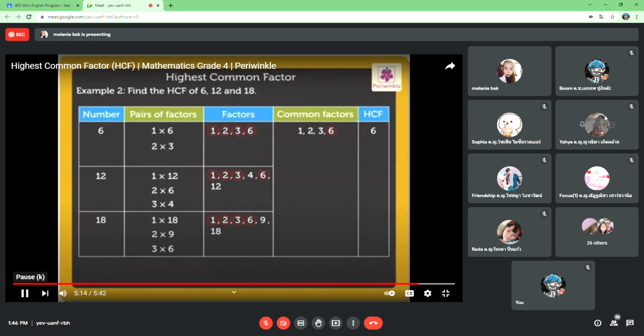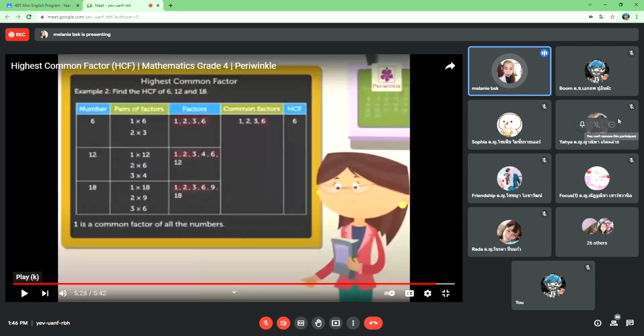Did you notice that one particular number is a common factor of all the numbers? Do you know which number that is? Yes, 1 is a common factor of all the numbers. Wasn't it easy, children?